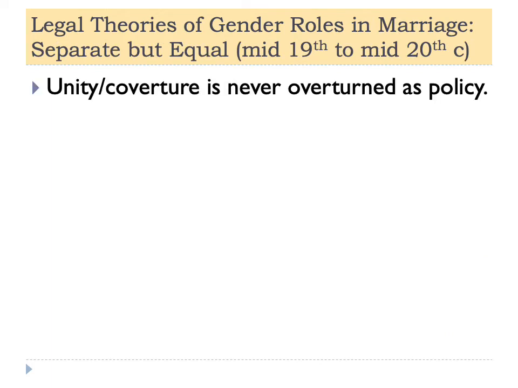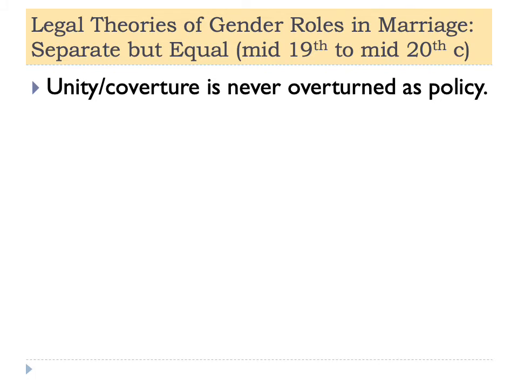Now, unity coverture is never overturned as policy, right? And that's not how policy generally works. That's part of the challenge of studying family law: because it's so piecemeal, there's not one comprehensive policy. You have marriage law, adoption law, custody law, divorce law, and it's different state by state.